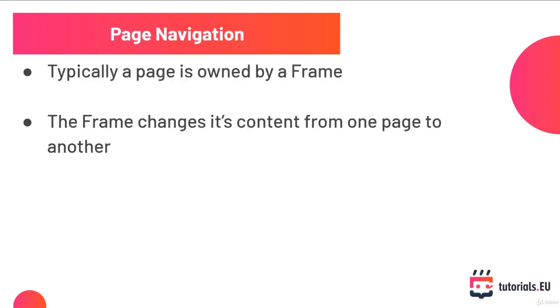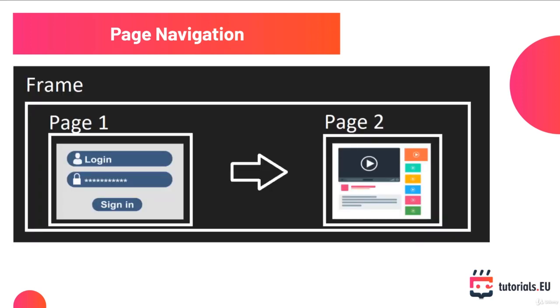So typically a page is owned by a frame, and the frame changes its content from one page to another. Here, for example, we have this frame and it has a page as its content. Then you can navigate to the other page, just changing the content of the frame. So the frame doesn't hold both pages at the same time, but the frame holds one page, and then you can just set the content of the frame to be a different page.